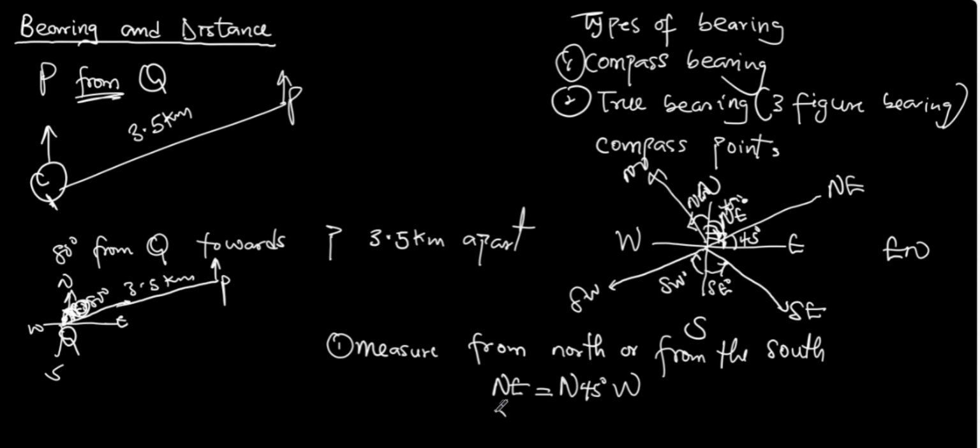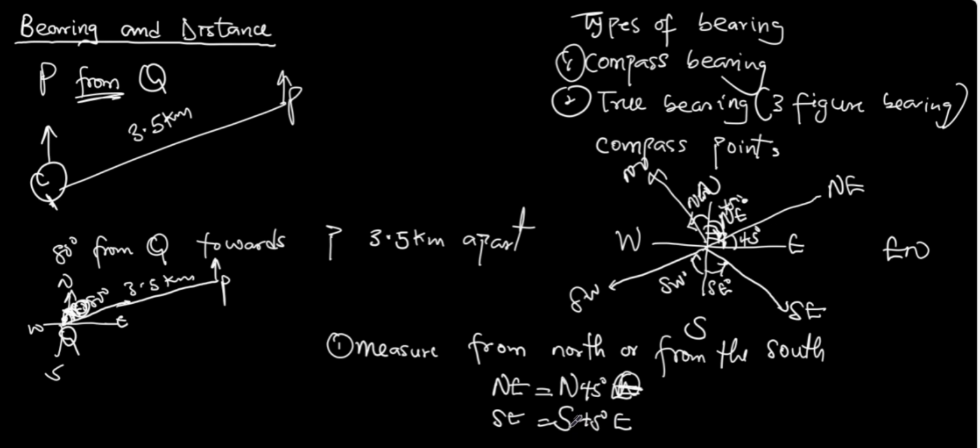Similarly, the southeast is also 45 degrees. If you are going to write it, it means you write the south first, the degree next, and then the east. So you write the east last, indicating that the measurement started from the south towards the east.